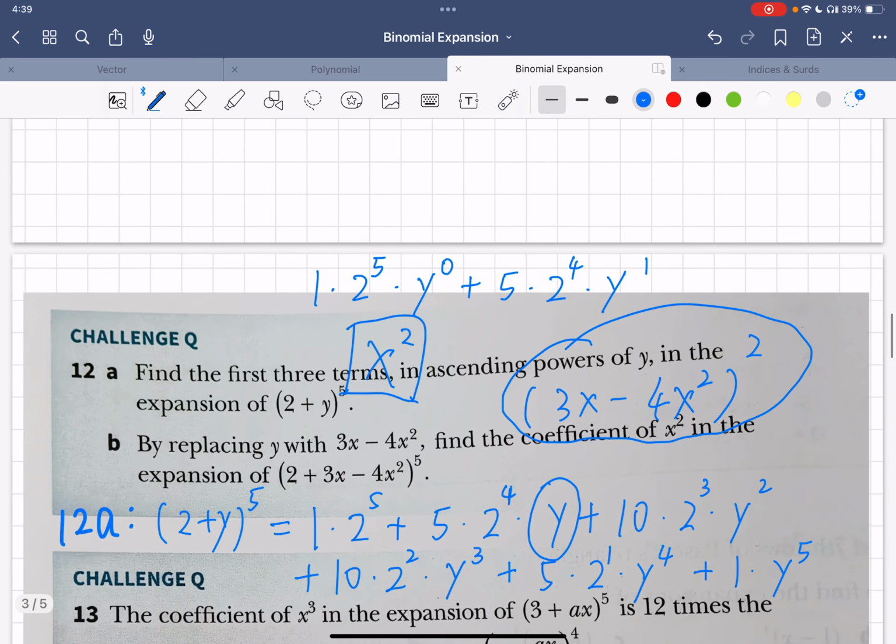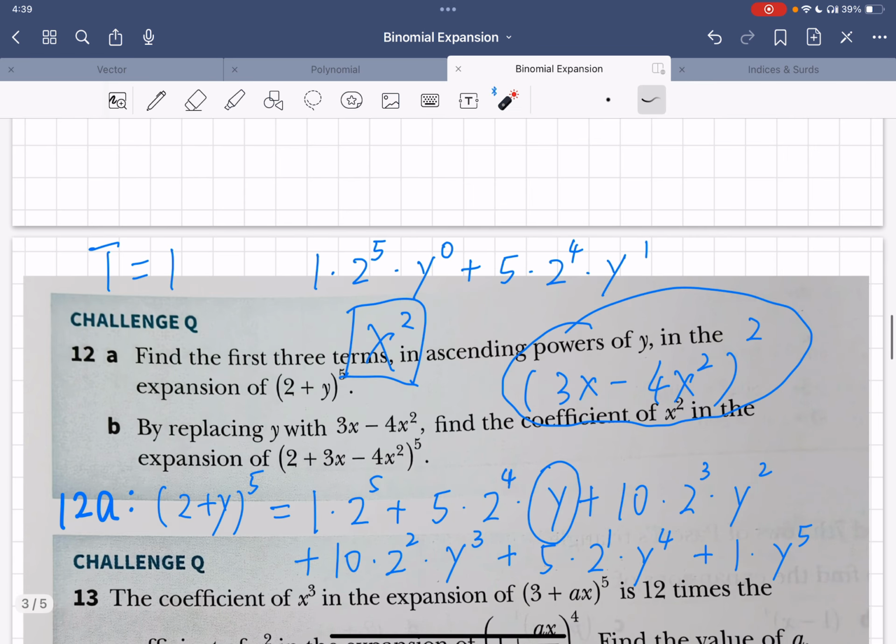For the first term, when T equals 1, the power of y equals 0. For the second term, when T equals 2, the power of y equals 1, and so on and so forth.